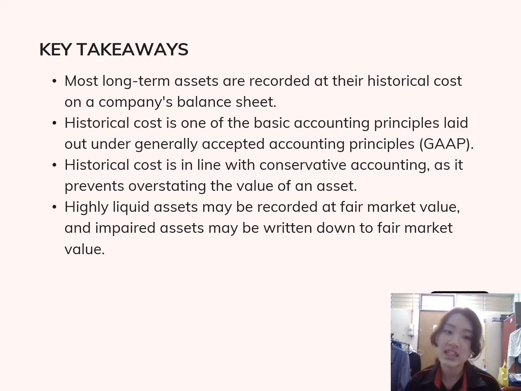Historical cost is in line with conservative accounting as it prevents overstating the value of an asset. Highly liquid assets may be recorded at fair market value, and impaired assets may be written down to fair market value.